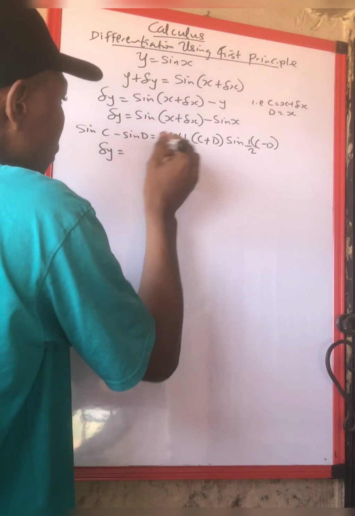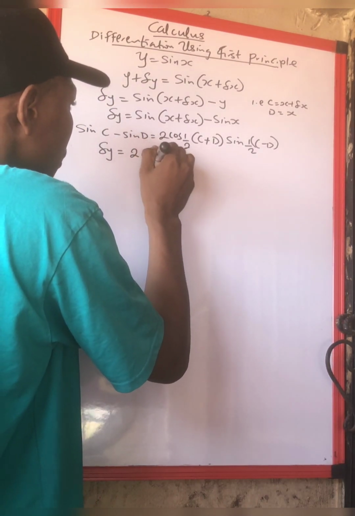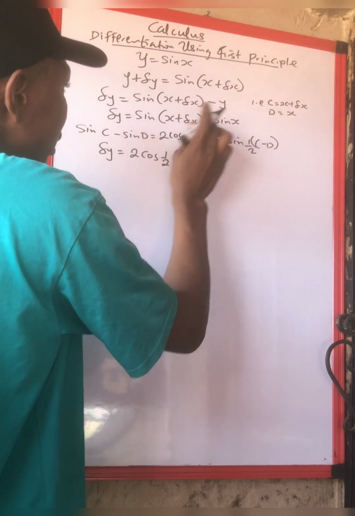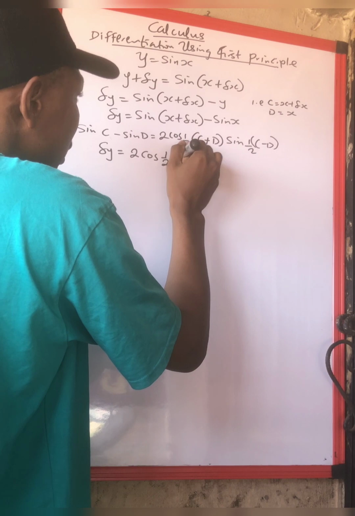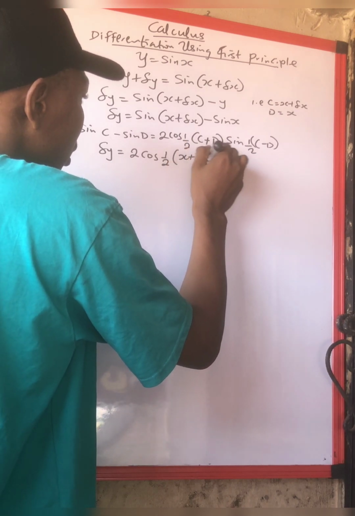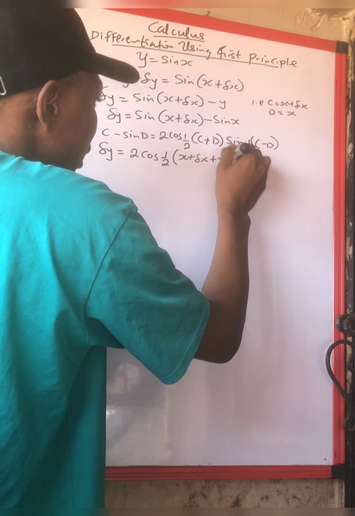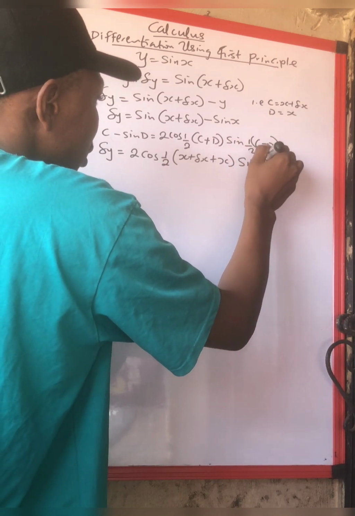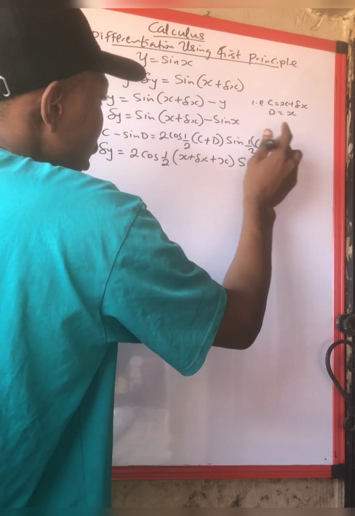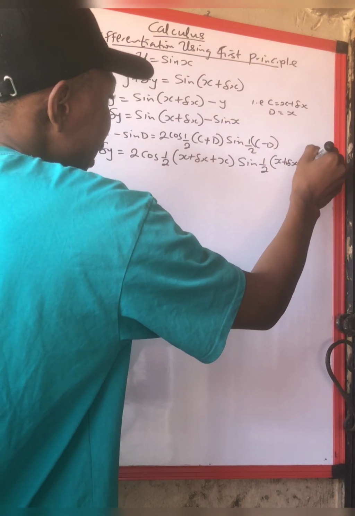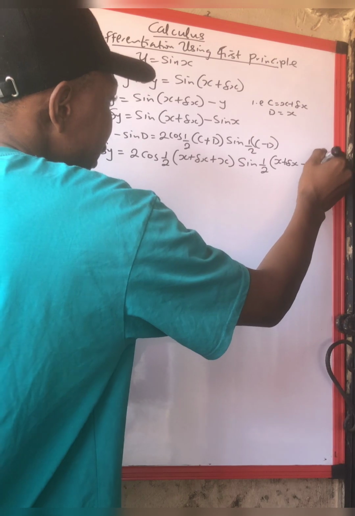So it becomes 2 cos half, then bracket: our c is sitting as x plus change in x, then plus our d is sitting as x. Then we have sine of half: our c is x plus change in x, then minus our d, which is x.